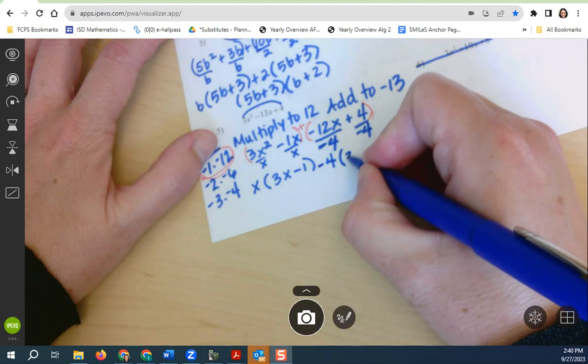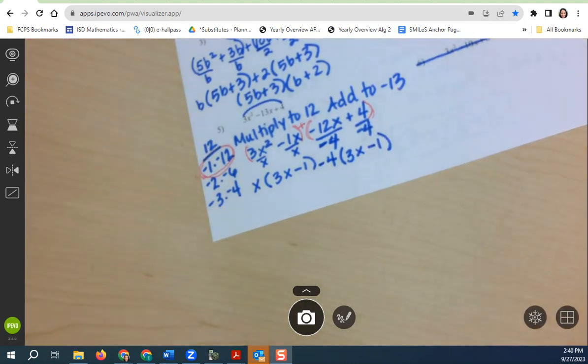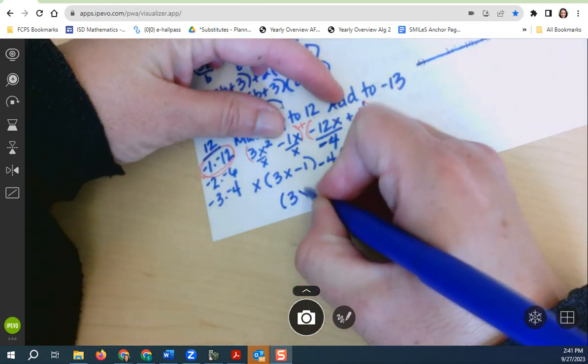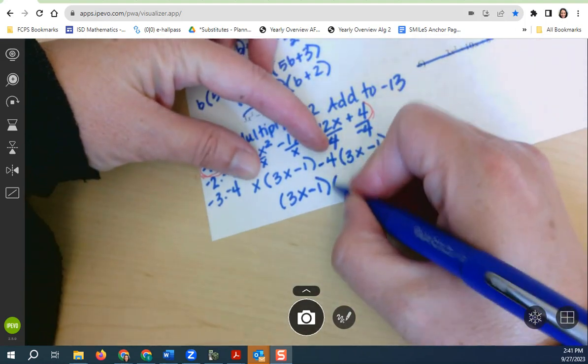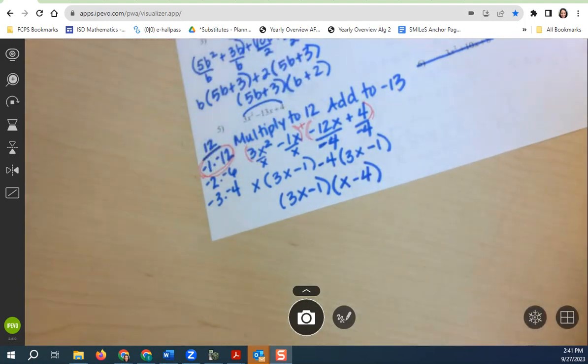And then I get 3x and minus 1. So notice dividing by negative 4 also gave me twins. If you were having trouble finding the twins, it was dividing by negative that helped you get it. Okay, last step. Your twin is one of your factors, 3x minus 1. The other factor comes from the outsides, x and minus 4.